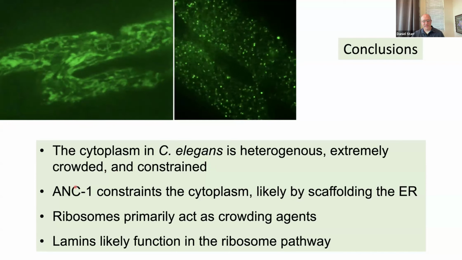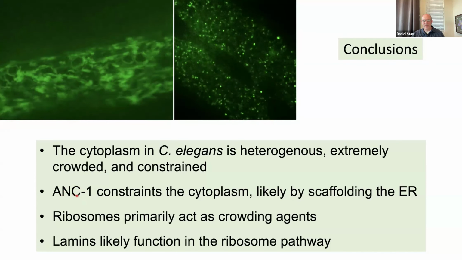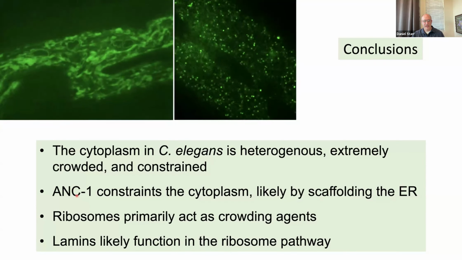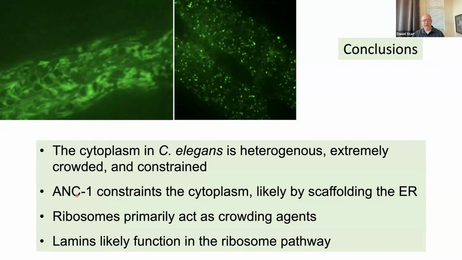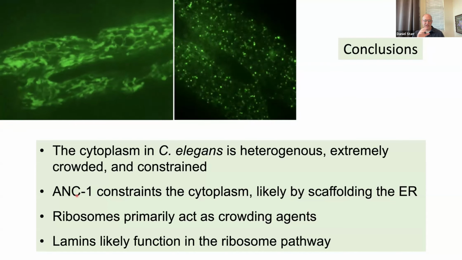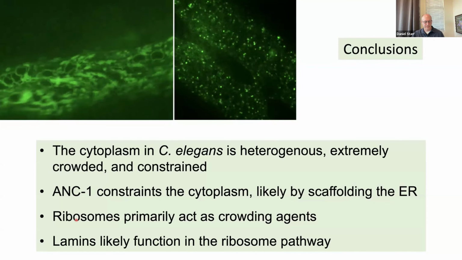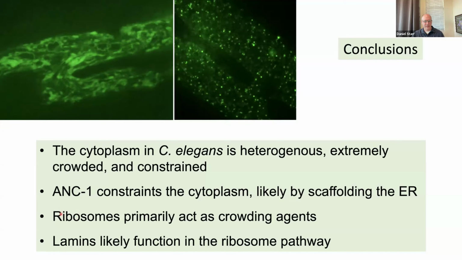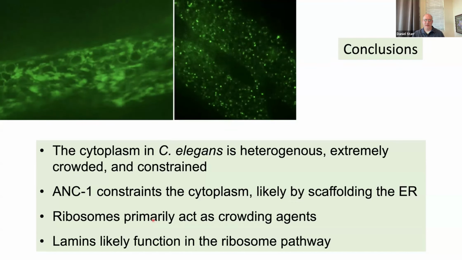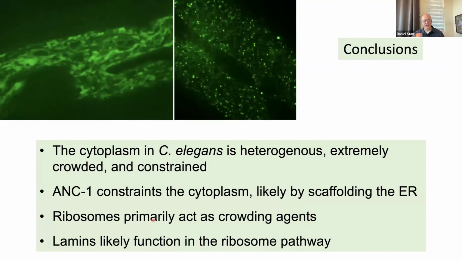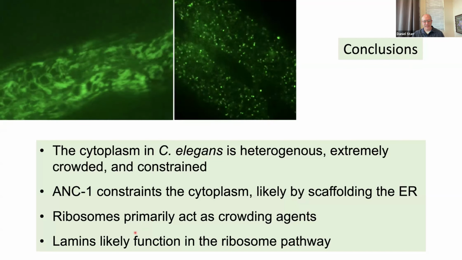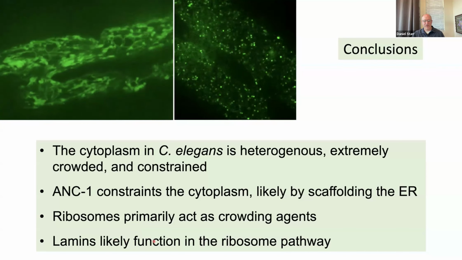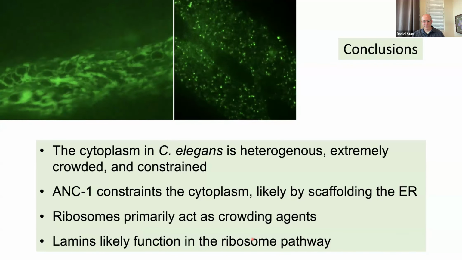And of the mechanisms in C. elegans, one of them is through ANC-1, this giant KASH protein, which we think is probably scaffolding the ER in general and constraining the cytoplasm so the GEMs can't move around too much. In a parallel pathway, we think ribosomes are acting primarily as crowding agents to regulate the diffusion of macromolecular complexes, and that lamins are likely functioning in the ribosome pathway.